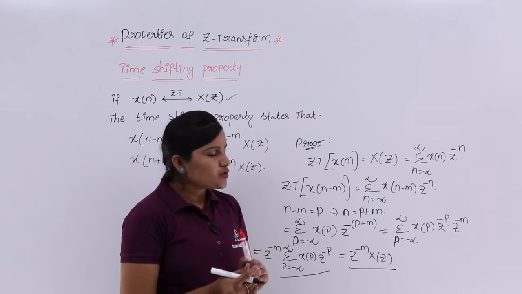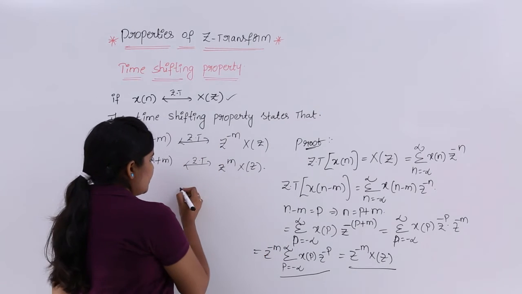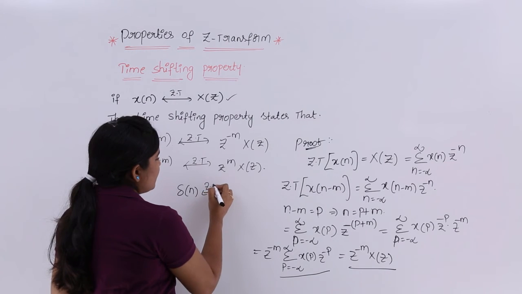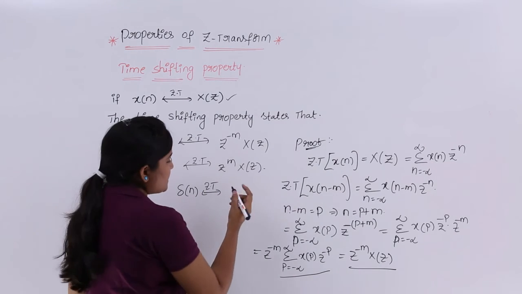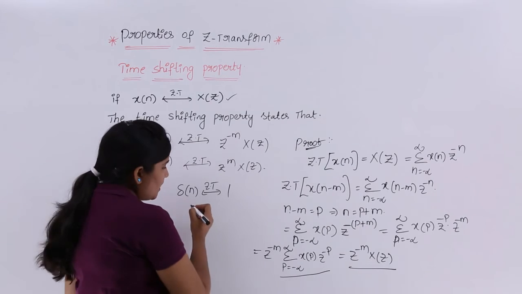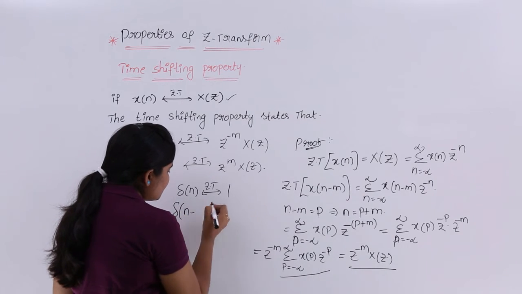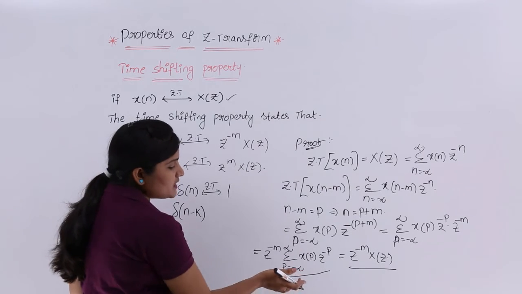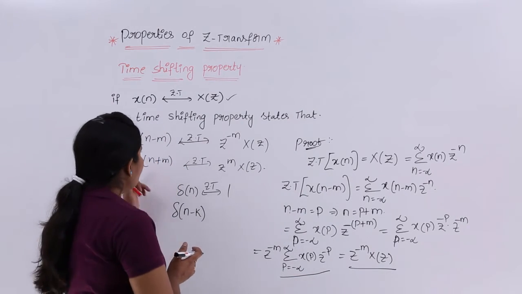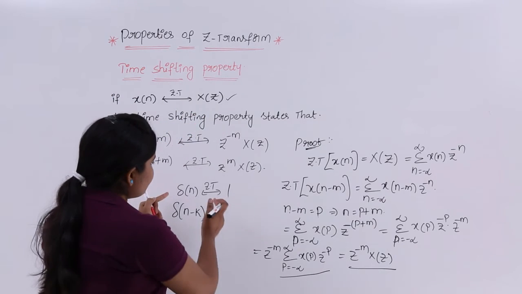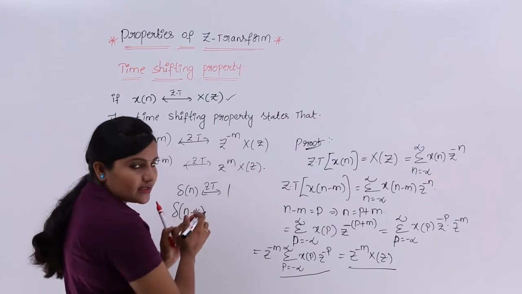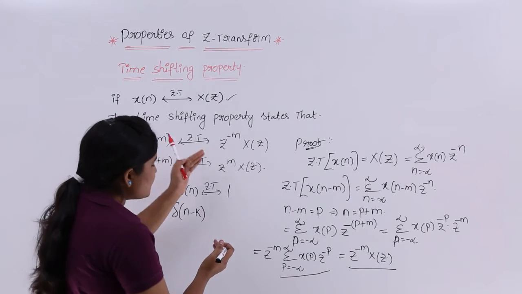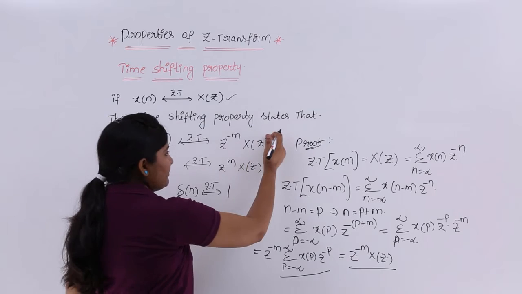For example, you know that the Z transform of delta of n is 1. If you are asked to find the Z transform of delta of n minus k, you can use this time shifting property. If x of n has Z transform x of z, then x of n minus m has Z transform z power minus m x of z.